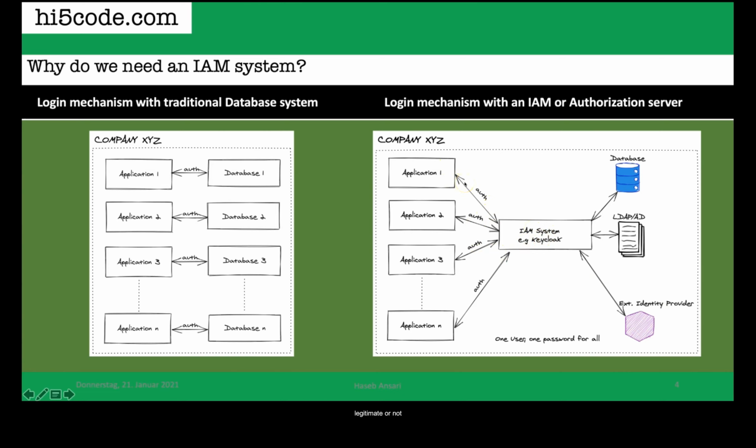Also, when I say that an IAM system will send a signal to the application whether the user is legitimate or not, in OpenID Connect we call it the authentication code flow. In this flow, the user's browser redirects the user to the login page of the IAM system, where the user is requested to enter a username and password.